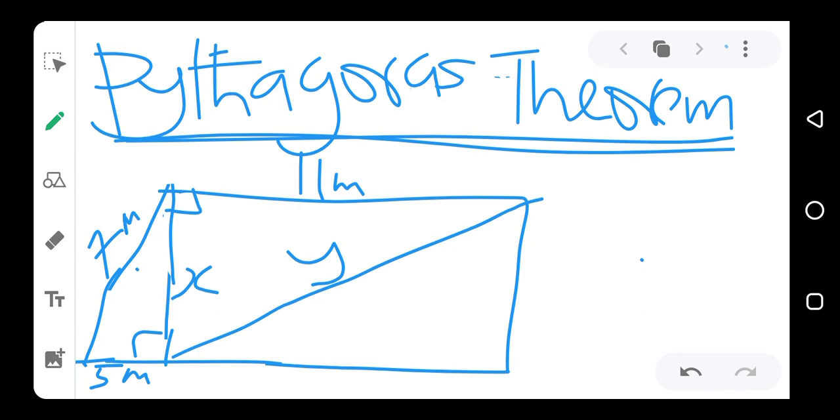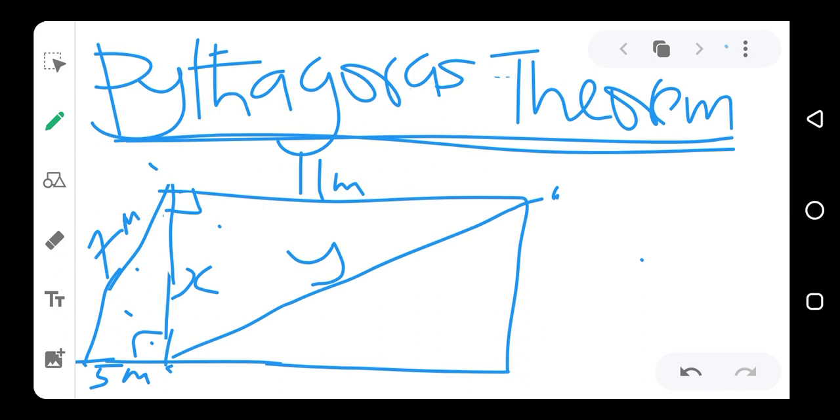So we have a perpendicular sign here, and from here to here to here forms a right angled triangle. We have another perpendicular sign here, so we have two right angled triangles inside the shape.